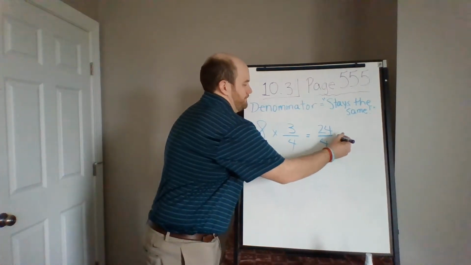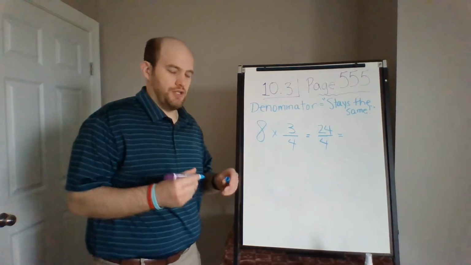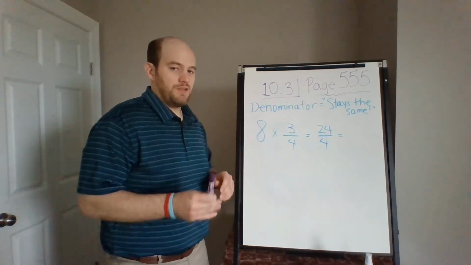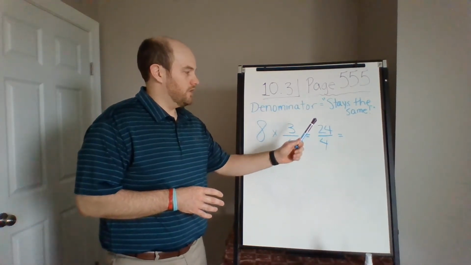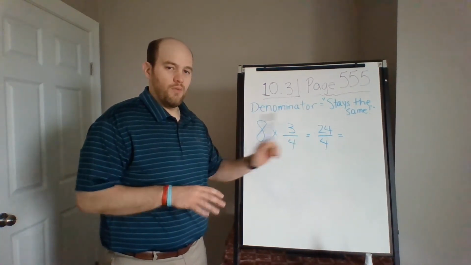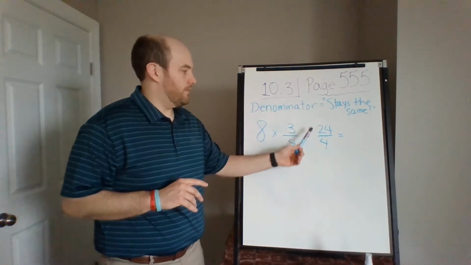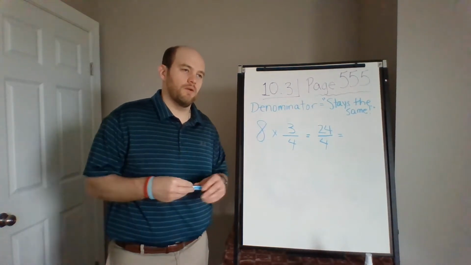Now, ding ding ding, improper fraction. So you have to ask yourself how many times 4 can go into 24 without going over. We have to think, 4 times what is going to give me something close to 24 without going over.